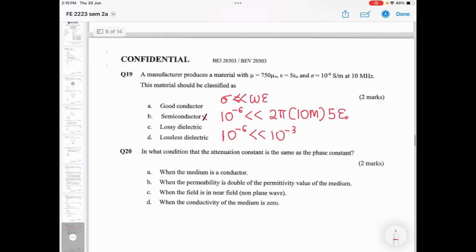Compared to 10 negative 6, this statement is valid. So it means that it is a lossless dielectric. The answer is D.